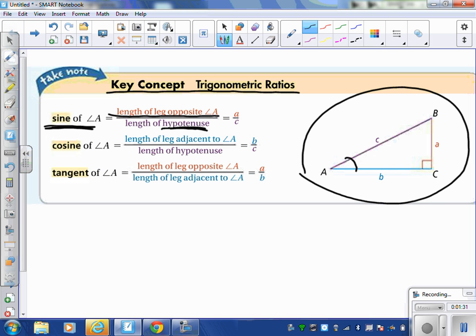The length of the leg opposite angle A would be side A. The length of the hypotenuse being C, that fraction would be A over C. So sine of angle A is opposite over hypotenuse, which would give you A over C. So the formula for sine is leg opposite over the length of hypotenuse.